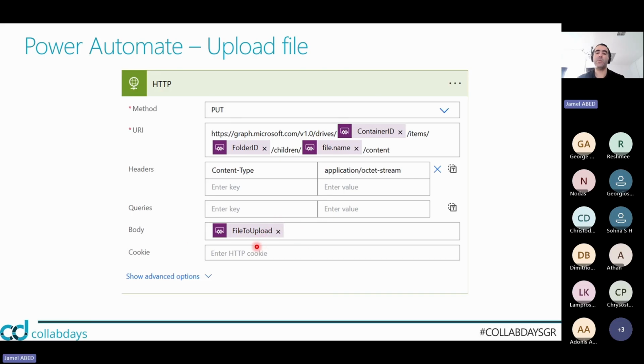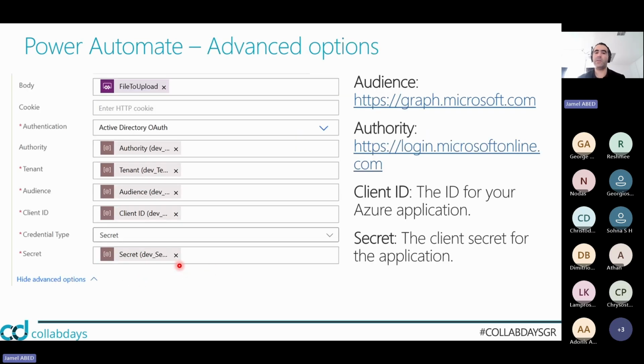But we need to add more attributes. In this action, you click Show Advanced Options, and you need to specify all those attributes. Authority is login.microsoft.com with your tenant ID, and also the audience.